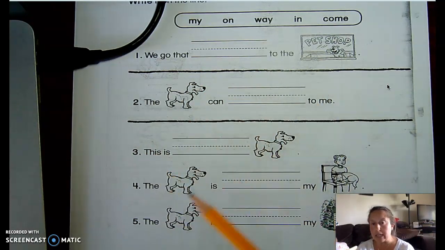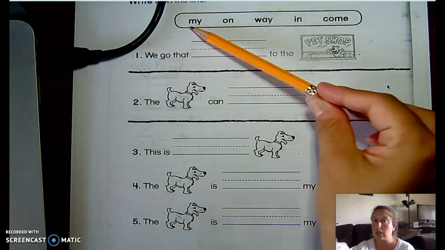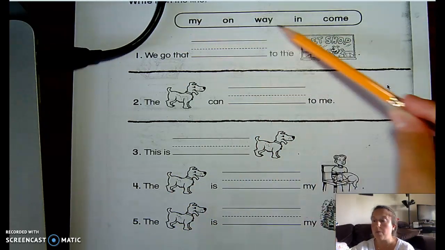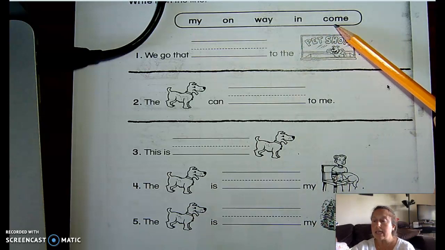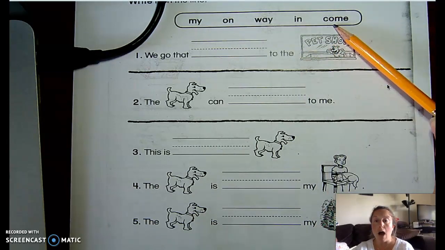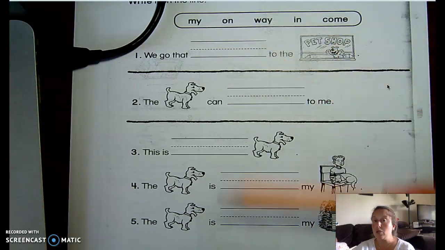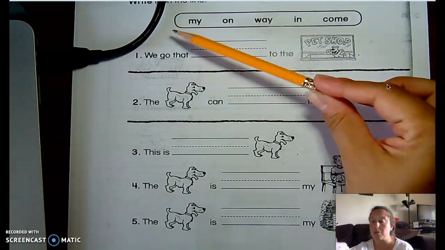When you're filling in sentences, what you generally want to do is look at the word box at the top. Inside this word box are all the options. Before I do my sentences, I read my options.